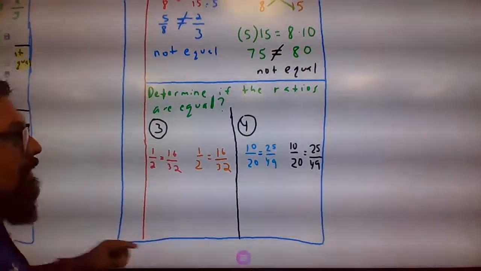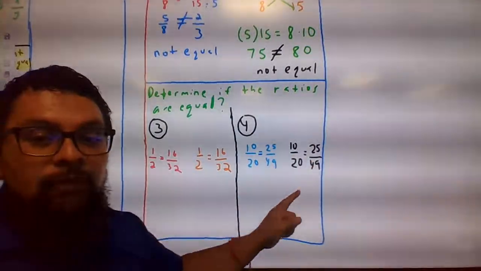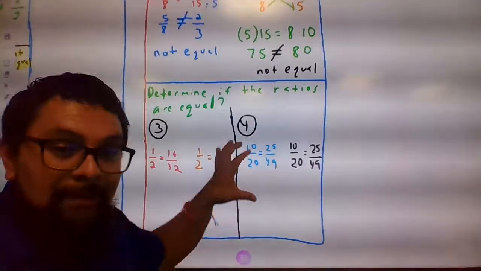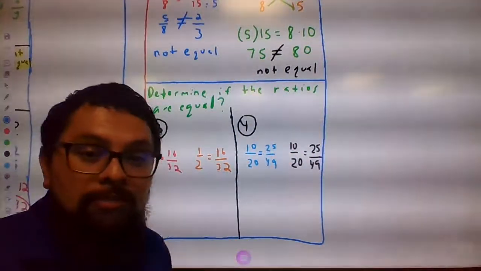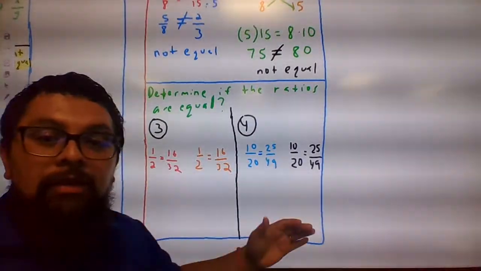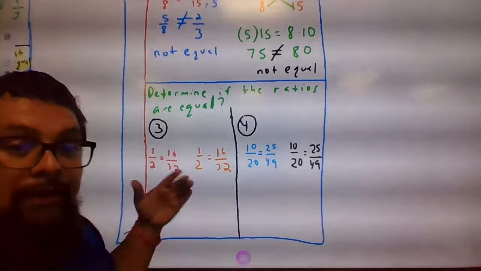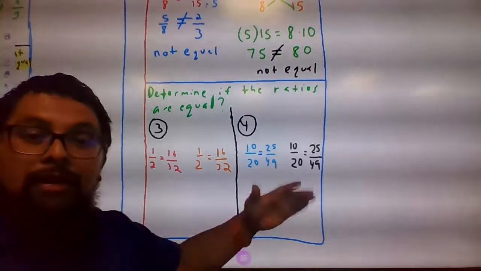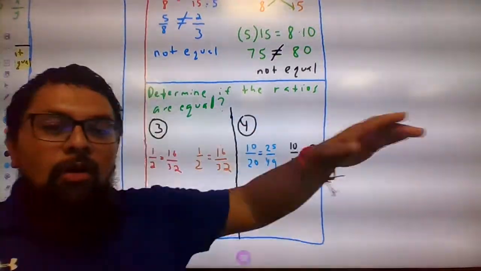So on this one, you're going to do it by simplifying it. On this one, you're going to do it by using the cross product. So let me know if they are equal. If they are equal, put yes, they are equal and show your work. If they're not, put no, they're not equal and just show your work, and I'll know that you understand it. Okay, that's all we're doing.